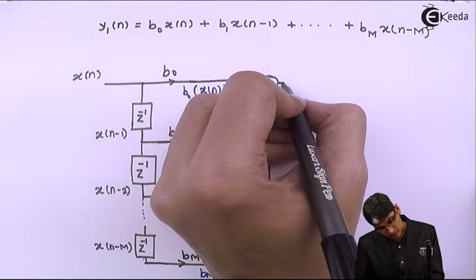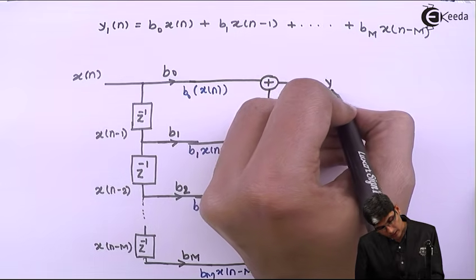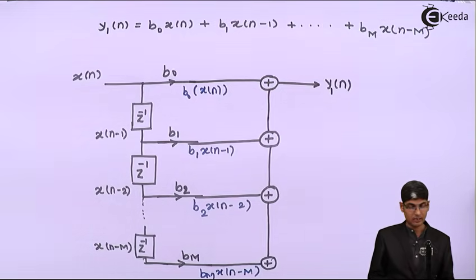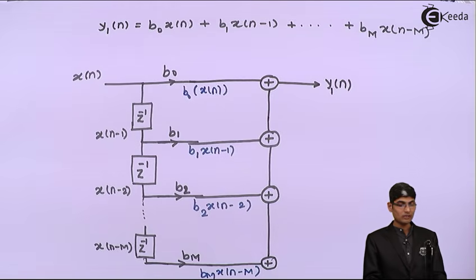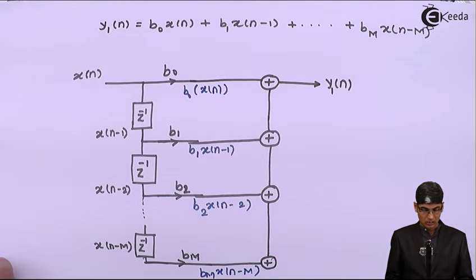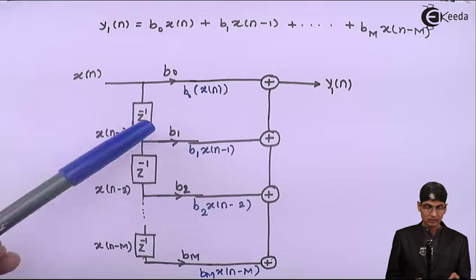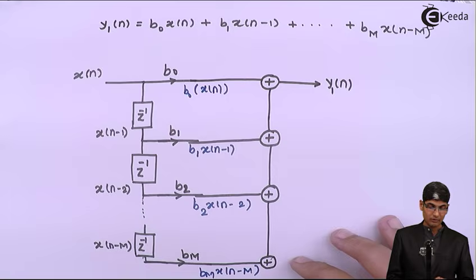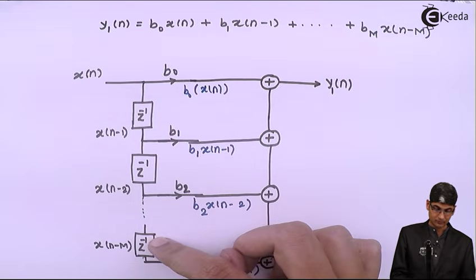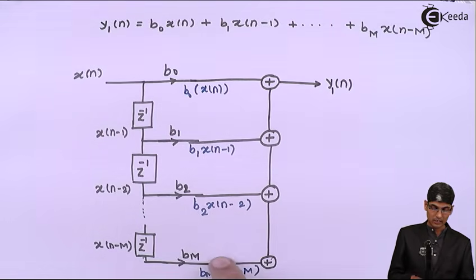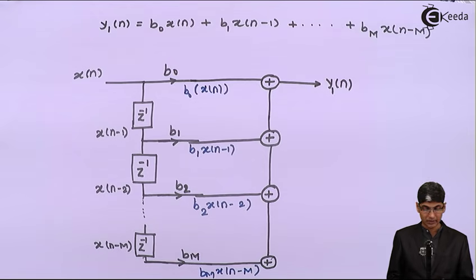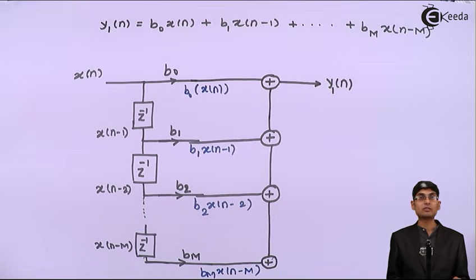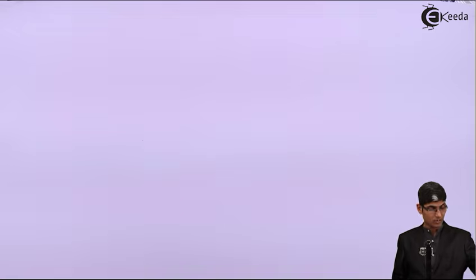And then finally I get the output as y1 of n. So now this is how we are going to realize a filter. So this is just the half structure. Okay, what we have received? We have received z inverses, which are multiplied by b0, b1, b2, bm, and then we are going to get y1 of n. This is h1 of z.